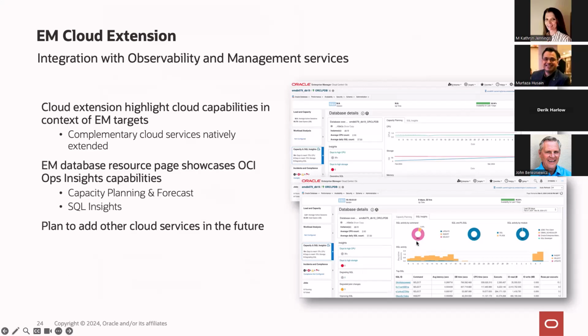And then we provide out of the box some of the insights around SQL activity. That is what we have seen in the SQL Insights application with top SQLs and different measures around that. So this is all in the context of Enterprise Manager without even going into Ops Insights. So we essentially brought Ops Insights very near and dear to Enterprise Manager users right in their own screen.